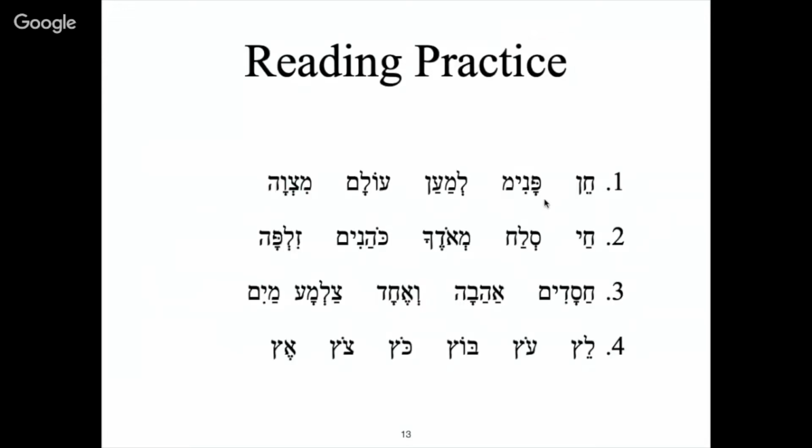So we have some reading practice. And so I'll go through the reading practice. This says chen, which means grace. This says panim, which means face. This says lima'an.